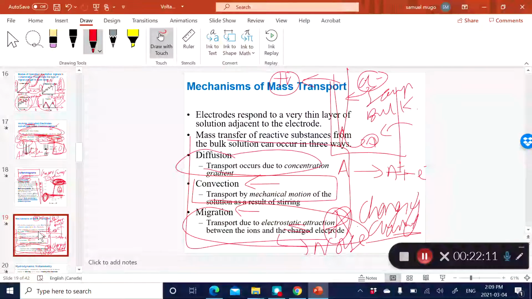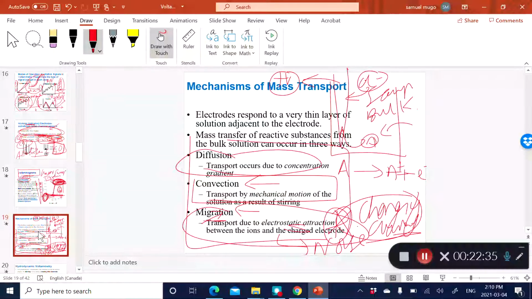So if you apply a voltage on your electrode, the oppositely charged ions migrate very quickly, generating current associated with that. So you can see that is noise that you really do not want, or what people refer to as a charging current that should be avoided.